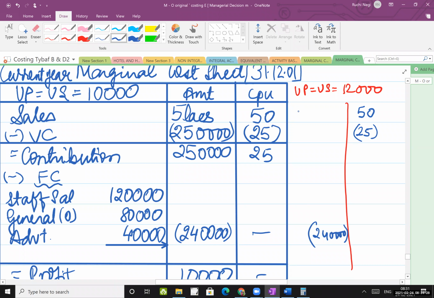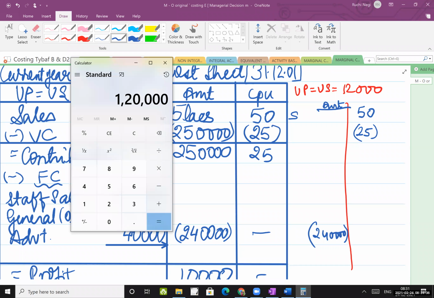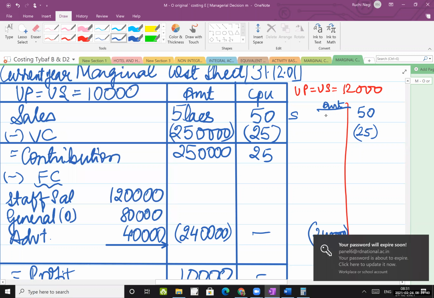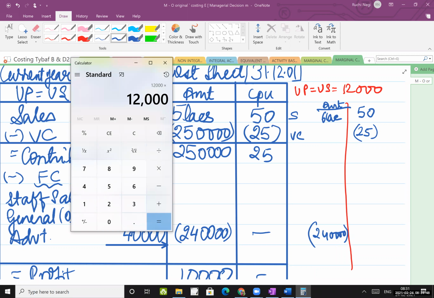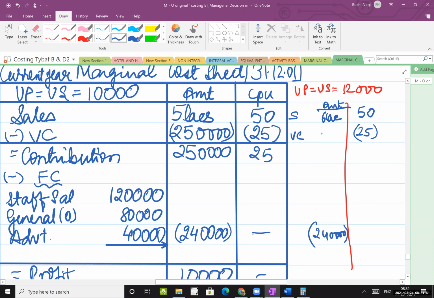But now the amount will change. Sales का 12,000 into 50 कितना हुआ 6 lakhs, so I'm writing here 6 lakhs. Then variable cost 12,000 into 25 कितना हुआ 3 lakhs, so I'll write here 3 lakhs.